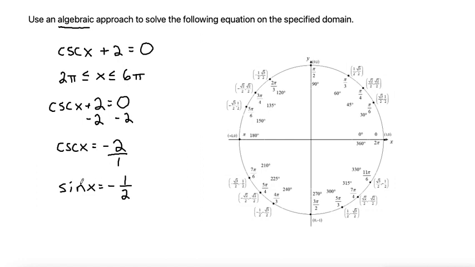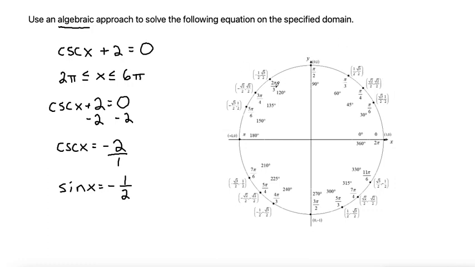So what we're doing is we're looking for where sine is equal to negative 1/2. I think the easiest way of doing this is by using the unit circle. So whether you have to memorize the unit circle or you have it as a reference in your class, you can write your unit circle if you don't have it available.